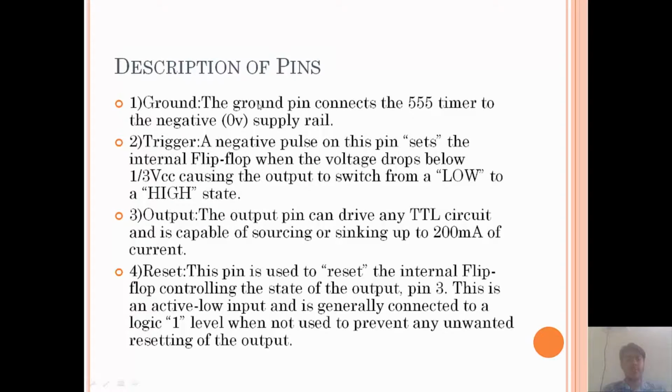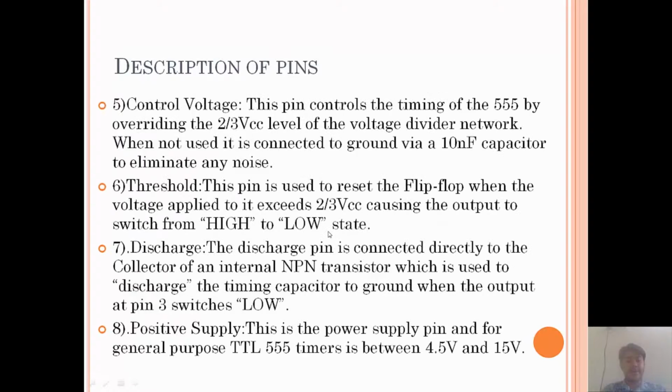Now the description of each pin. Ground is connected to the negative supply. Trigger: a negative pulse at this pin sets the internal flip flop when the voltage drops below 1/3 VCC. The output pin can drive any TTL circuit and is capable of sourcing or sinking up to 200 milliamperes of current. Reset pin. Control voltage: this pin controls the timing by overriding the 2/3 VCC of the voltage divider.